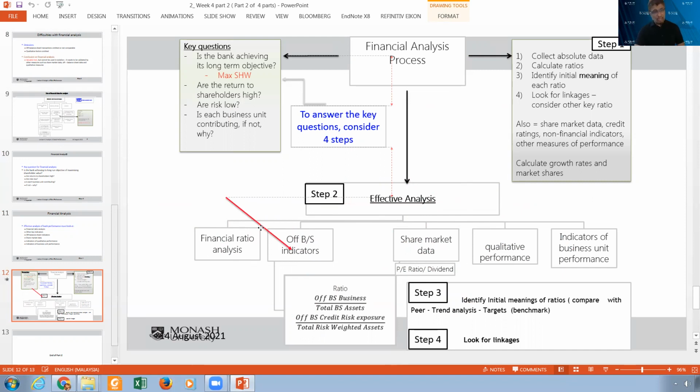That is one question. The other question is, is the current performance of this year really what we want? Which means we have to compare it to our targets, as a benchmark, and see whether we are achieving the targets or not. And then at the end, we say, okay, we are improving from last year, the trend is okay, and we are achieving the targets, but maybe this is just a very good year for everyone.